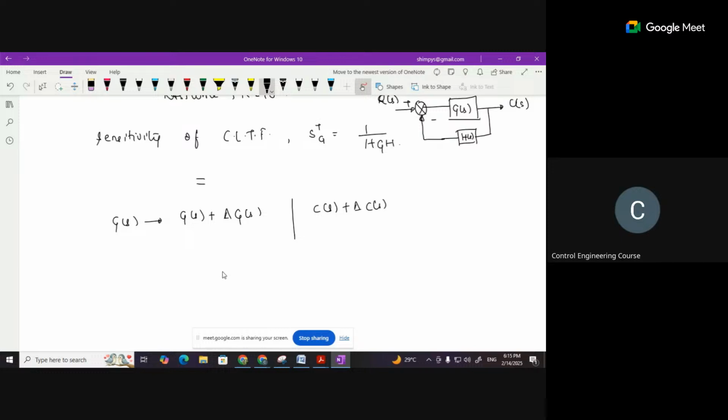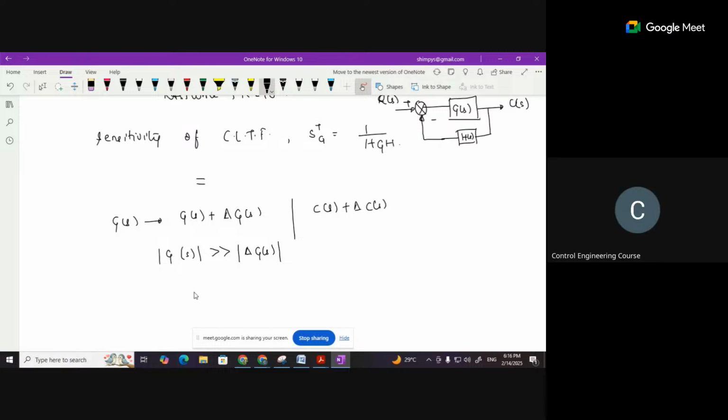Now our assumption while deriving this expression is that the magnitude of GS is very much greater than the magnitude of this small change, which is due to some parameter variation in the system.